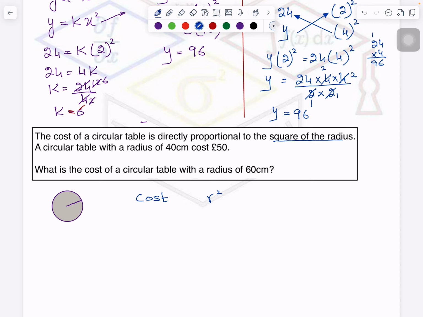The cost is given in pounds. When the cost is 50 pounds, in the second line of the question, the radius is 40. Because it is the square of the radius, you will write it like this. Now you have to find the cost when the radius is 60. You can use any letter of your choice, x, y, z, whatever you want.